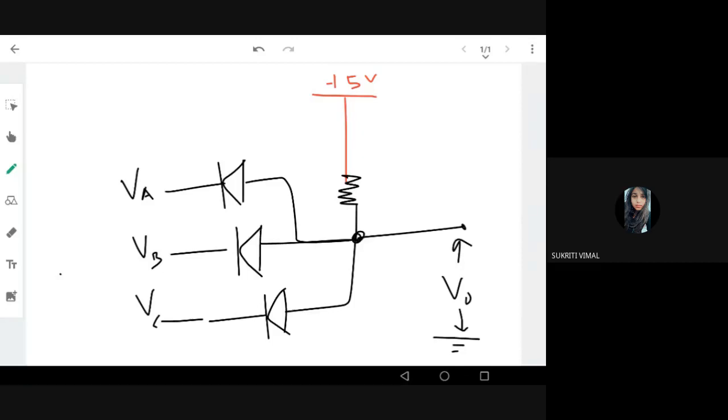This is also a type of AND gate, a 3-input AND gate. The output is high if and only if all the inputs are high. If any diode is on, my output becomes low. I think you don't have any doubts here because this is a very basic thing.